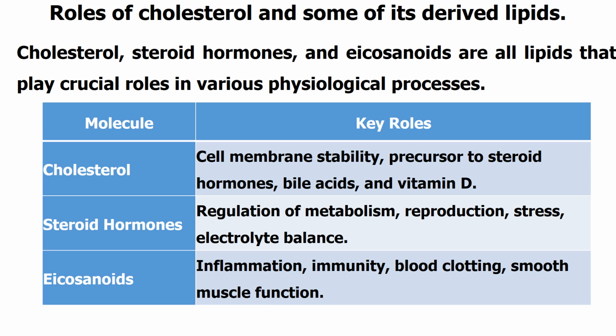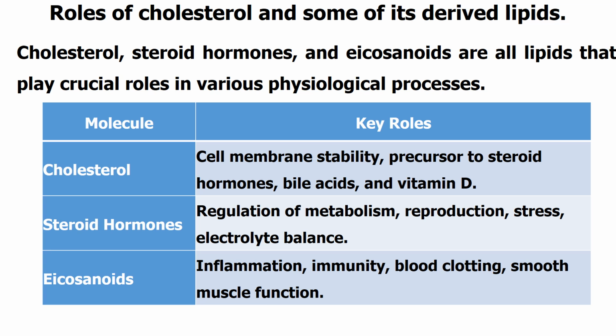Now, what could be the role of cholesterol and some of its derived lipids? Cholesterol, steroid hormones, and eicosanoids are all lipids that play a crucial role in various physiological processes. For example, cholesterol is involved in cell membrane stability, and is a precursor to steroid hormones, bile acid, and vitamin D, among others.